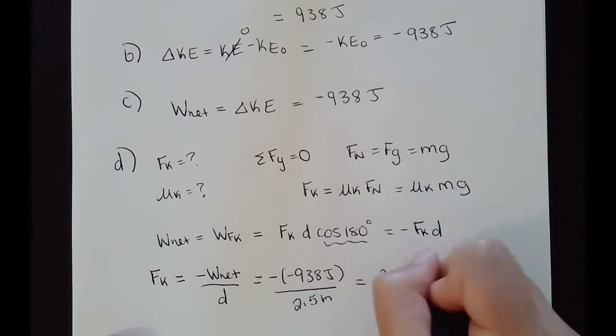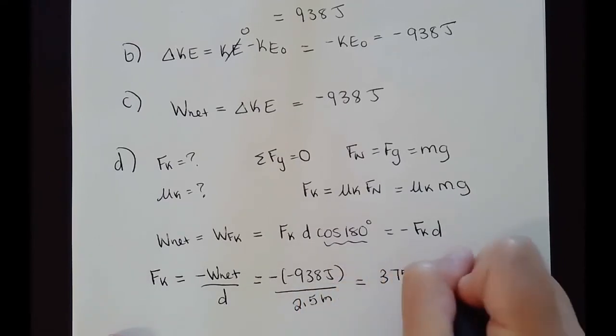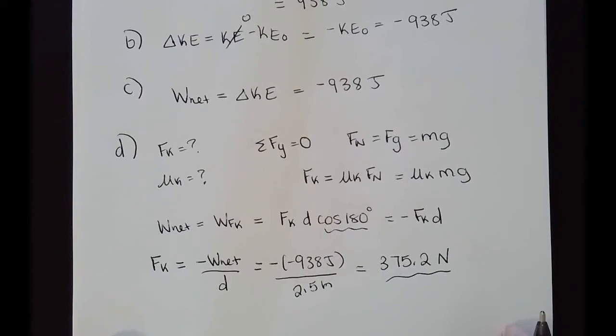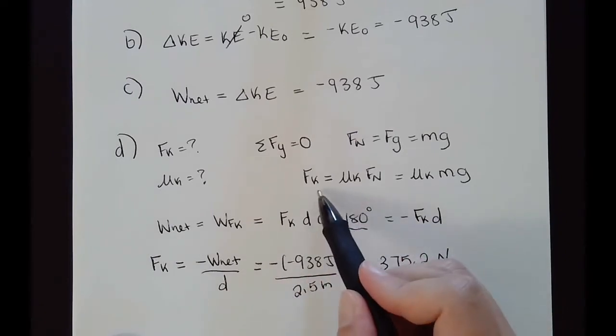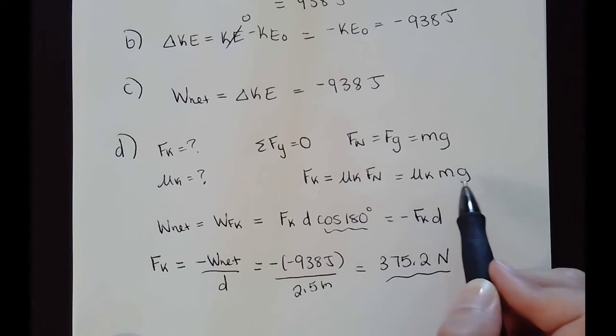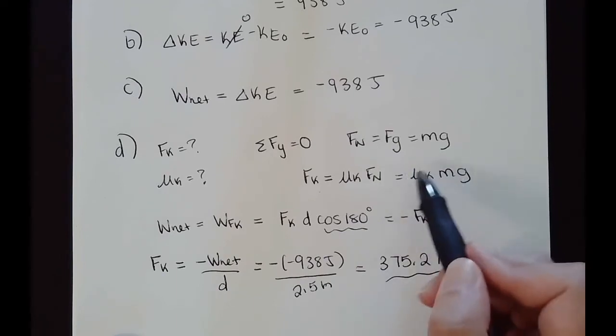So 375.2 newtons. And that's one of our answers. That's the force of kinetic friction. Lastly, we want the coefficient of friction. So going back to this relationship here, Fk equals mu k Fn, which is mu k mg, I'm going to solve here for the coefficient.